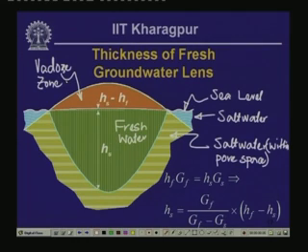Now, the height of the freshwater lens, the height of freshwater above a certain point at a certain vertical slice, such as this one, such as section A, height of the fresh water we are going to call with the symbol HF, H subscript F, and height of the salt water we are going to call with the symbol H subscript S.